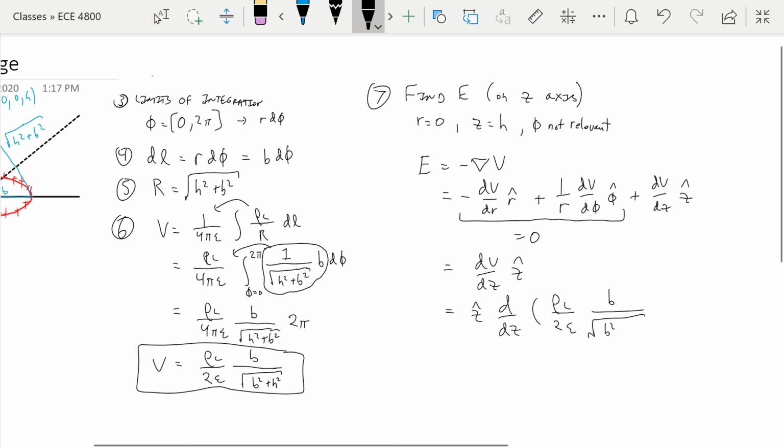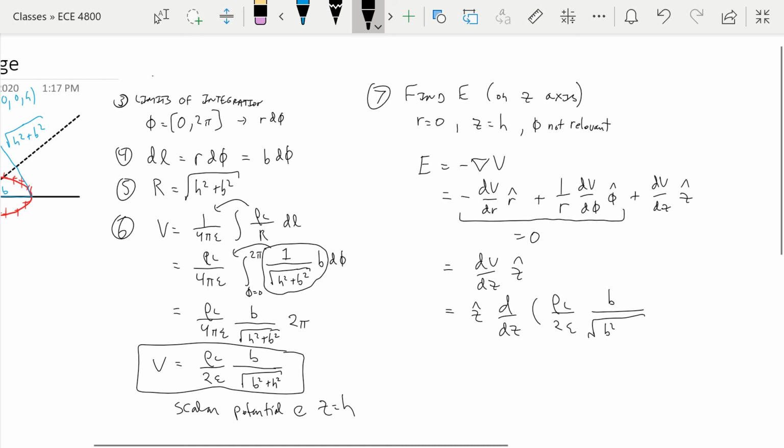Now, this is something that you have to be careful about here. Remember, this is giving us the scalar potential at some height at z equals h, right? So this h represents the point on the z-axis.